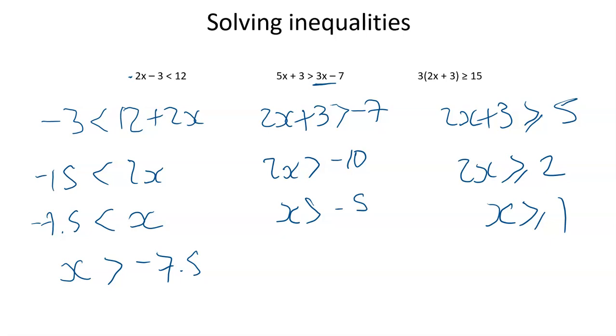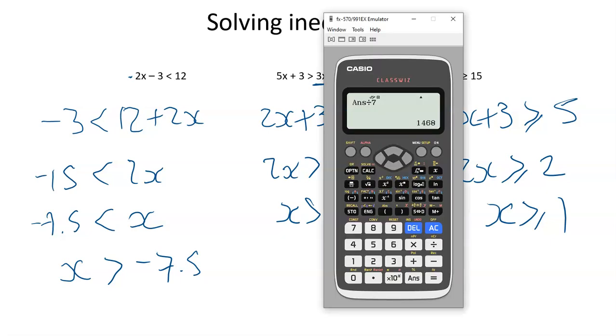You can't check these on the calculator, well, or not on the calculator that I use anyway. It will solve equations, so you could type this in, we're doing it minus now, aren't we? So minus 2x minus 3, alpha equals 12. You can put that in and go shift solve.